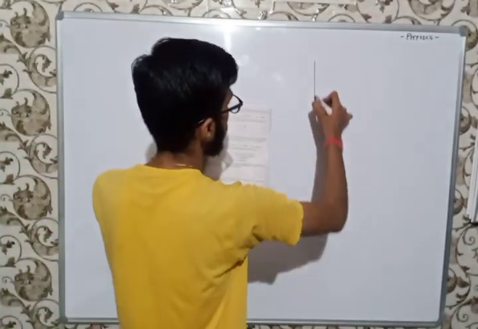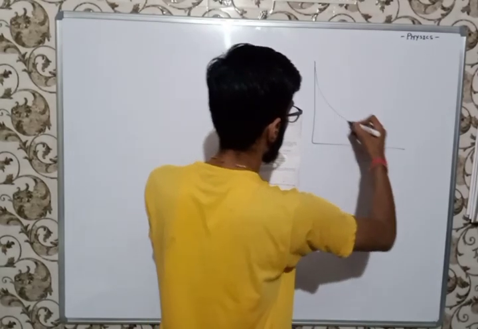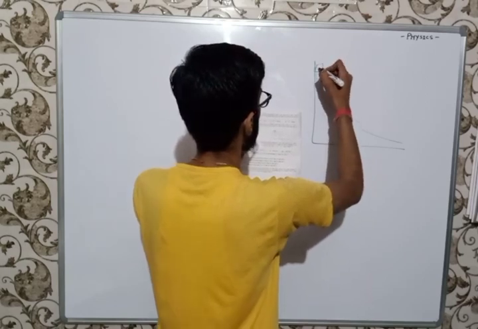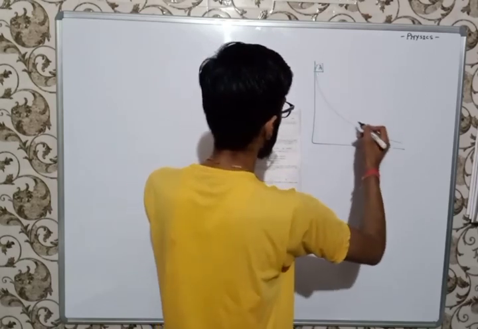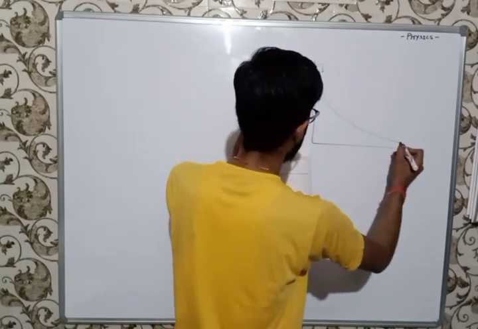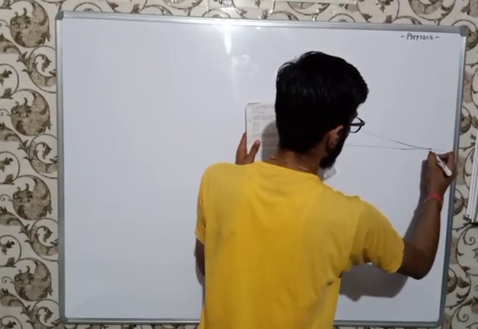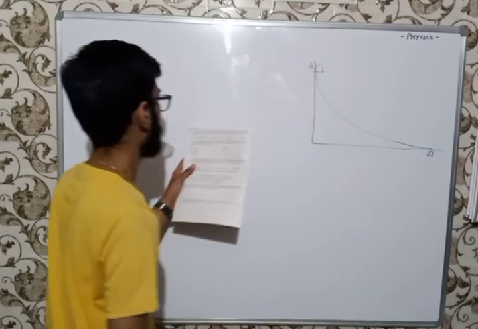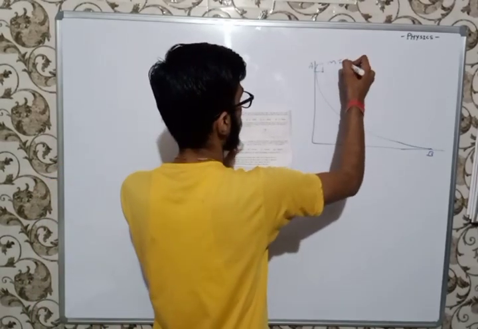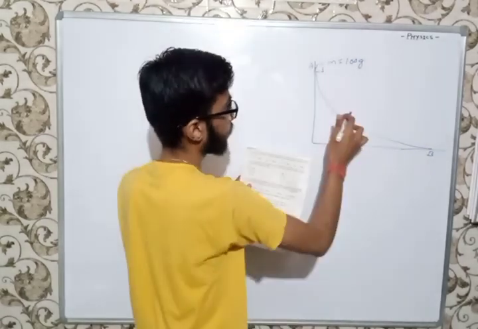You have a system like this, with block A at point A, and it goes on a surface. It is a block of mass 100 gram and it is frictionless.